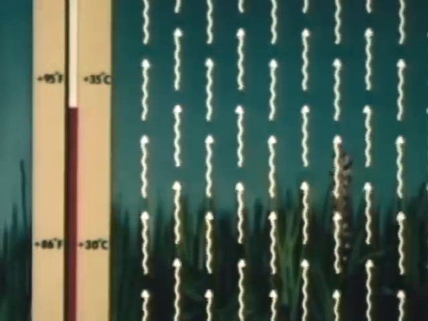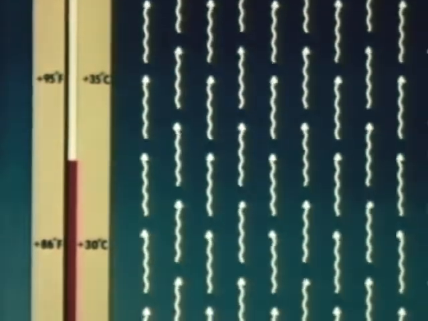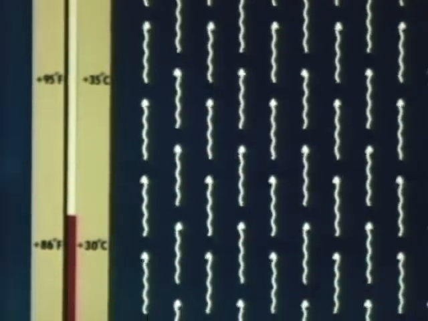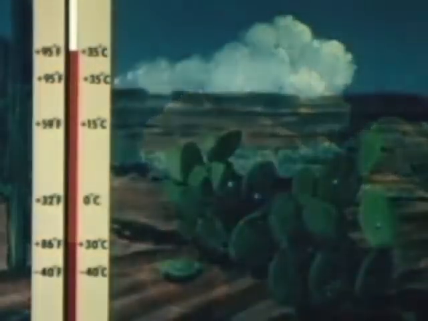When air is damp, it may not have to drop very many degrees before it reaches its dew point. Dry air, on the other hand, may cool many degrees below freezing and not become saturated.